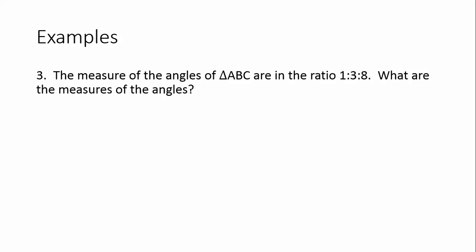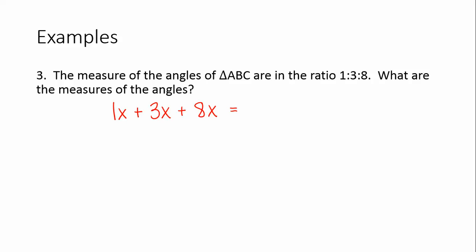So we want to know what are the measures of the angles. And here we're going to set up an equation. So the equation we're going to set up is that for every 1 degree for the first angle, it's 3 degrees for the second, and 8 degrees for the third.